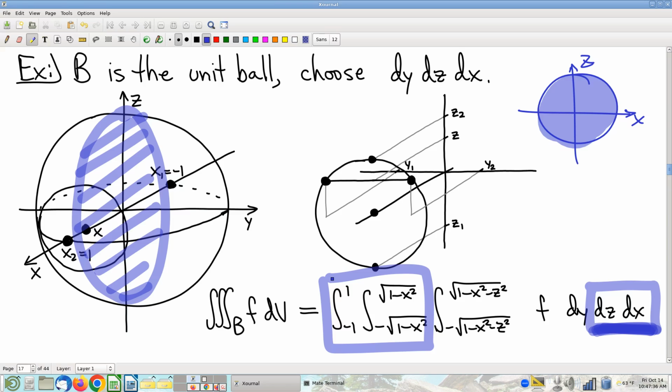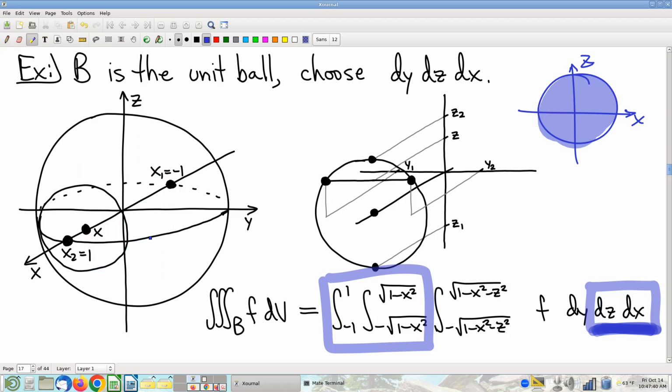So the last remaining question then is to figure out, for a given value of X and Z, so for some X, some Z, where does Y start and end?